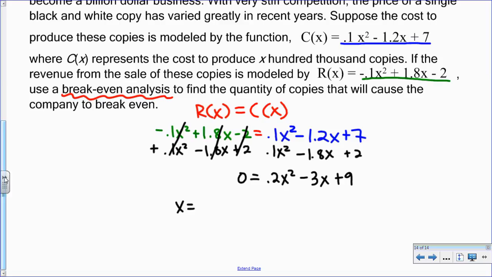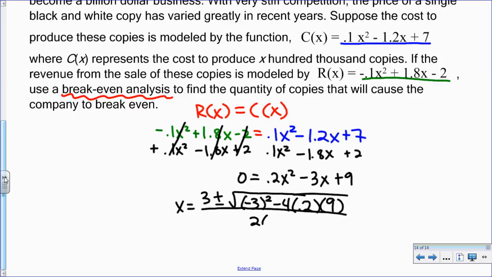Okay, so what is opposite of b? Okay, and then negative 3 squared minus 4, what's a? 0.2, and what's c? 9. Okay, all over 2a.